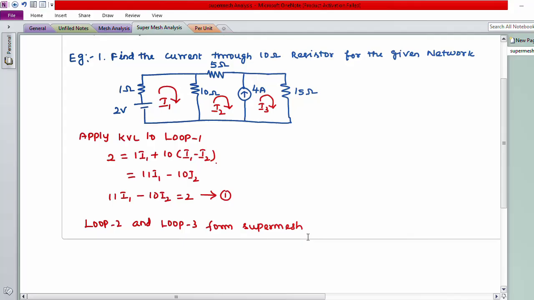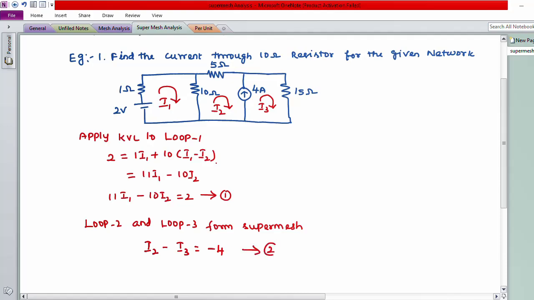This 4 amp current source is present in common between loop 2 and loop 3, so we write I2 − I3 = −4 amps. We write minus 4 amps because the assumed current direction of I2 is opposite to the given current source. So I2 − I3 = −4. Take this as equation number 2.